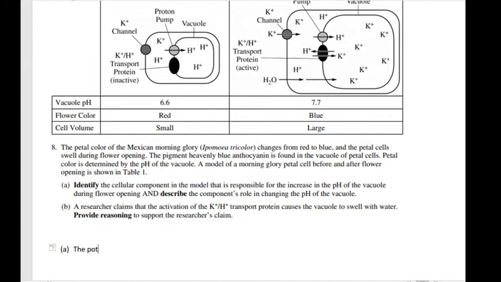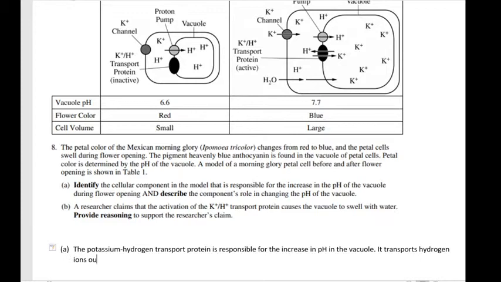So the potassium hydrogen transport protein is responsible for the increase in pH in the vacuole. It transports hydrogen ions out of the vacuole and into the cytoplasm.